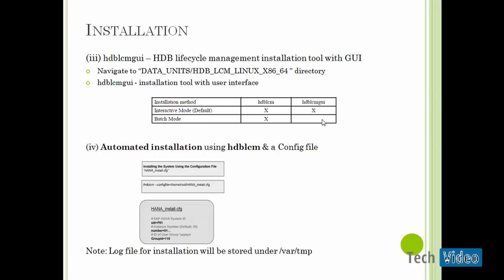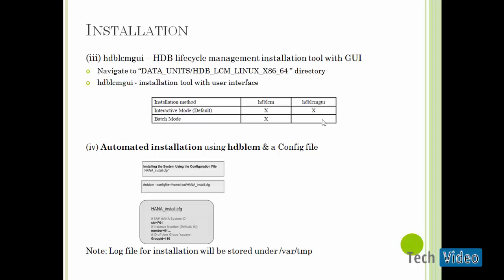For installing the HANA database, now you know about the tools that we can use, but there are two modes as well. One is called interactive, the other the batch mode. Interactive is where you can interact while the installation is running, whereas batch mode is by providing a configuration file, and the installer reads this configuration file and performs the installation.